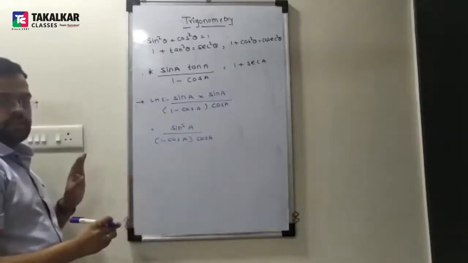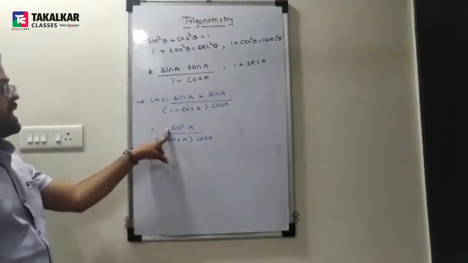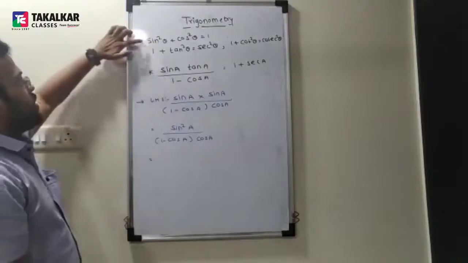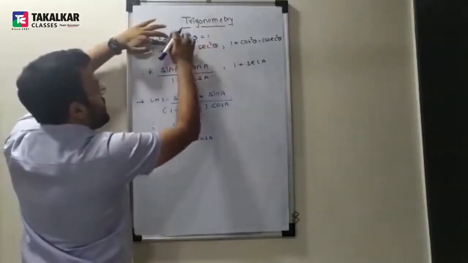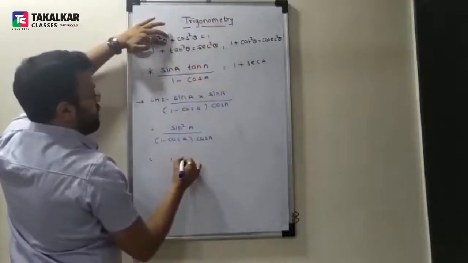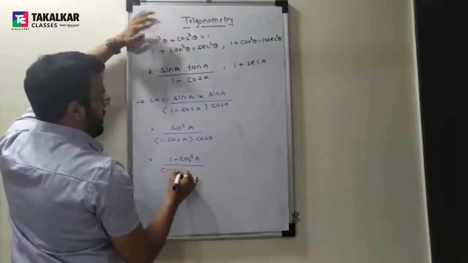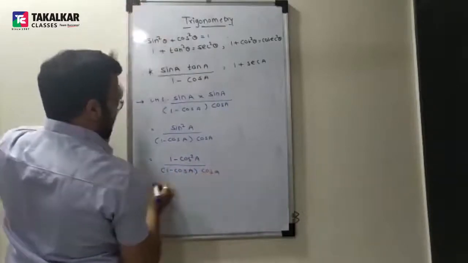Keep it as it is. Getting this? Now what do you have here? Sin square. When there is a square, you take help of the identity. What is the value of sin square from this? 1 minus cos square goes to the other side. So it will be 1 minus cos square A upon 1 minus cos A into cos A.